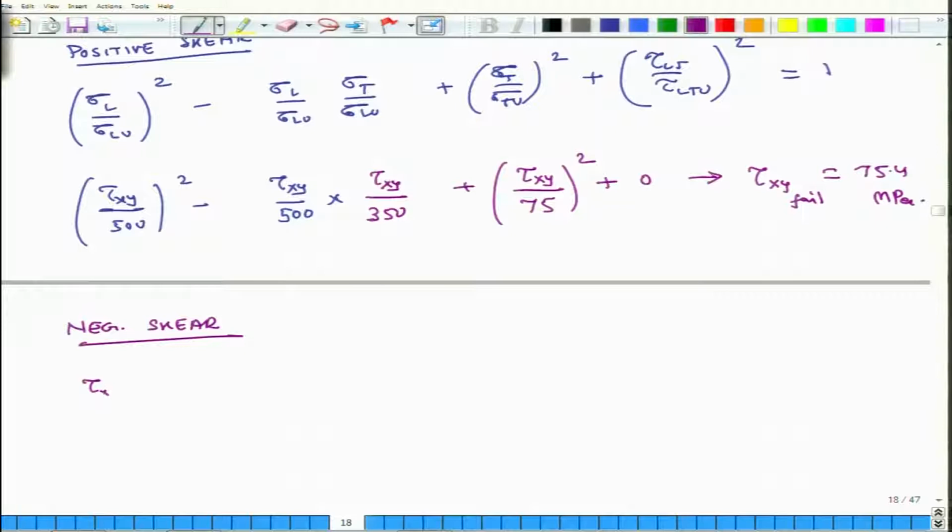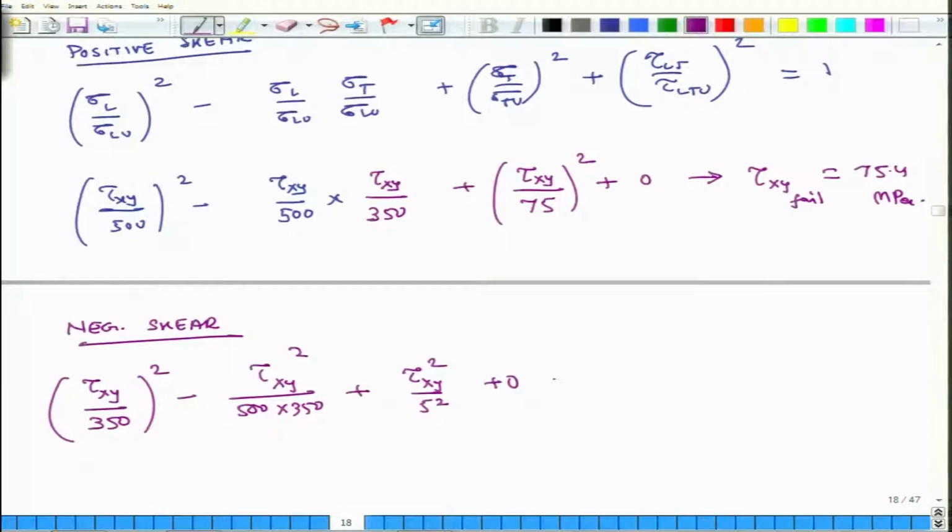So, this is how the equation looks: tau xy by 350 minus tau xy square by 500 into 350 plus tau xy by 5 whole square plus 0 is equal to 1, and this gives us tau xy fail equal to 5 MPa. So, there is a very significant difference between the failure strength of the material if I have a positive shear or a negative shear.